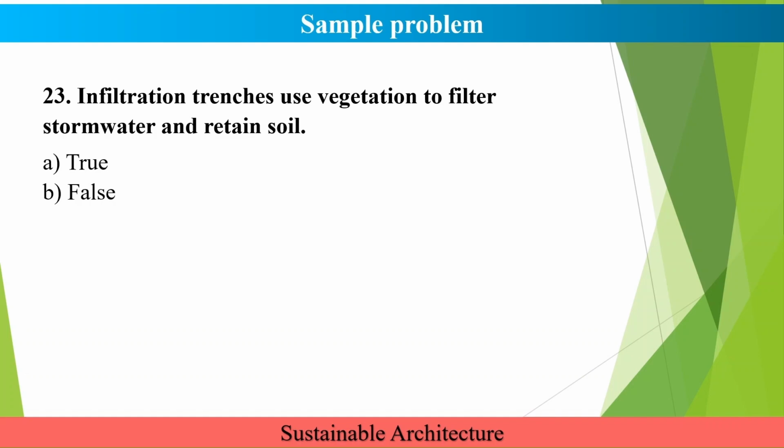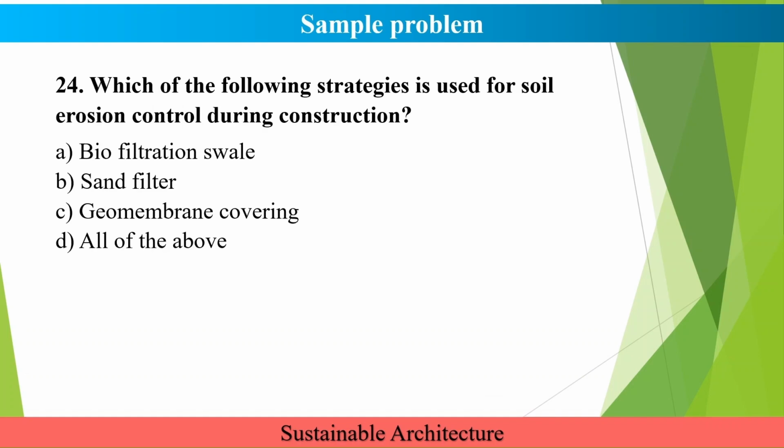Question number 24. Which of the following strategies is used for soil erosion control during construction? All of the above. Biofiltration soil, sand filtration, or cell filter, or geomembrane covering?